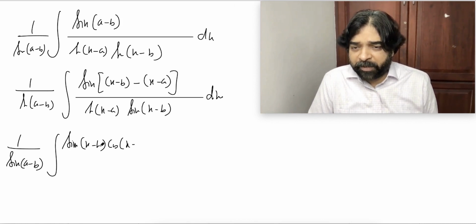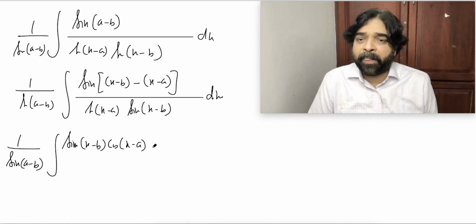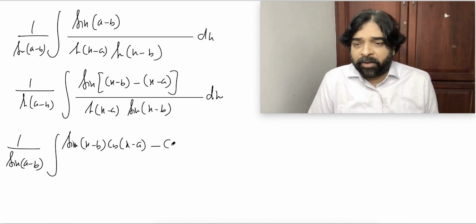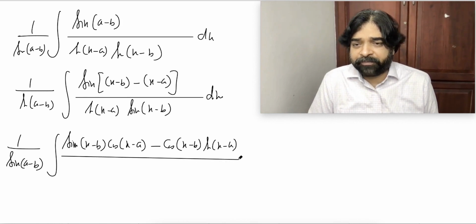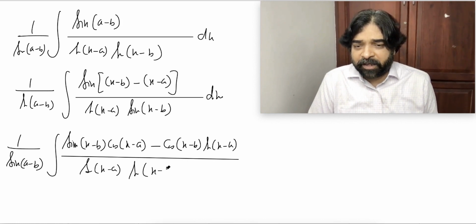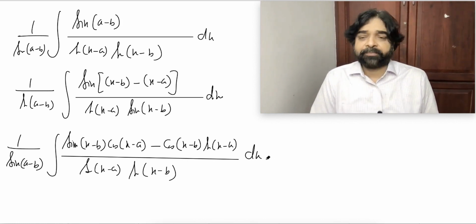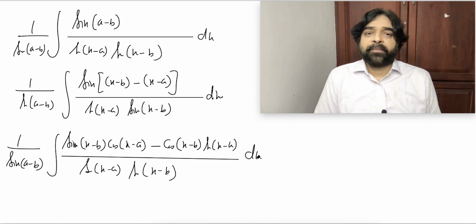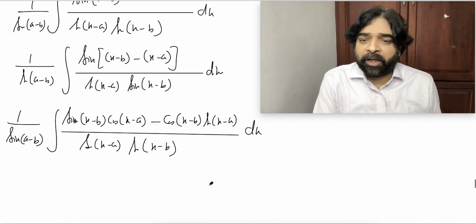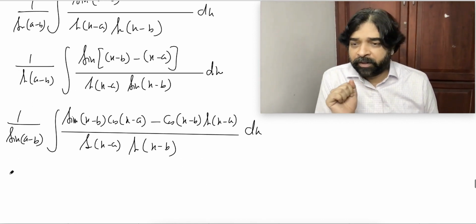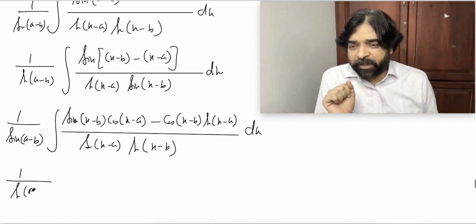Sine x minus B cos x minus A minus cos x minus B sine x minus A, whole divided by sine x minus A sine x minus B dx. Clear? Now expand it. 1 by sine A minus B will be as it is.